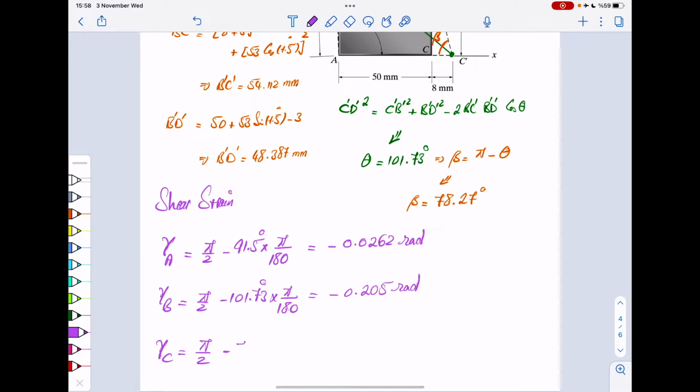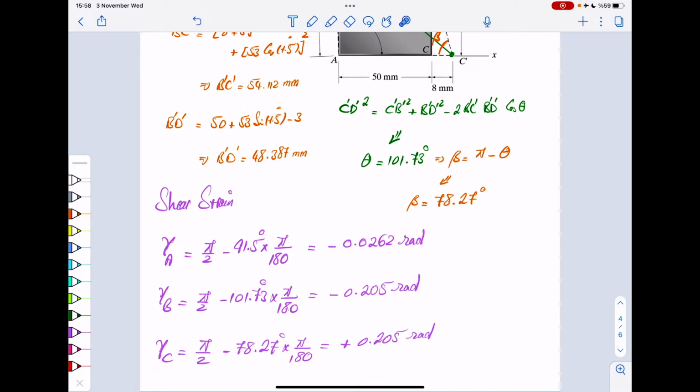So it's 78.27 degree times pi over 180. So if you do that, you get an angle which looks like this. Okay? So it comes with the opposite sign of what we had up there.